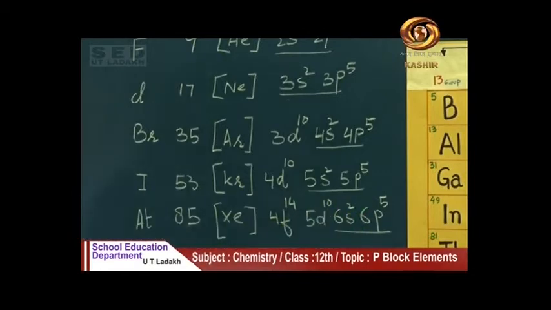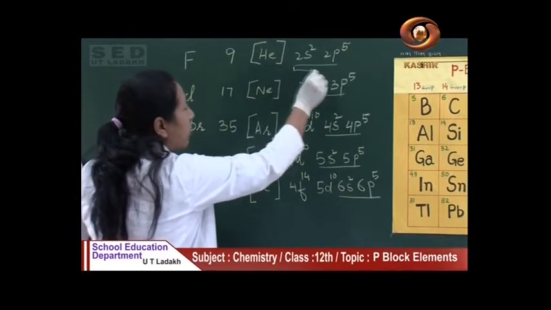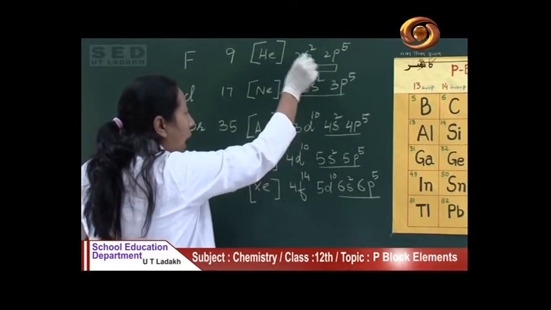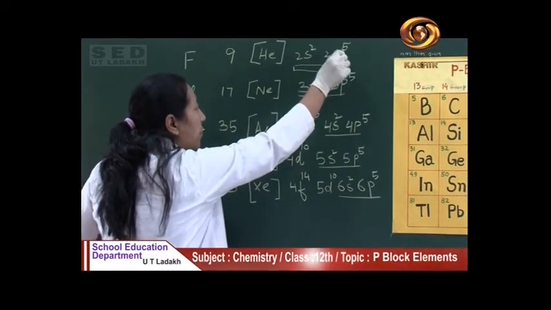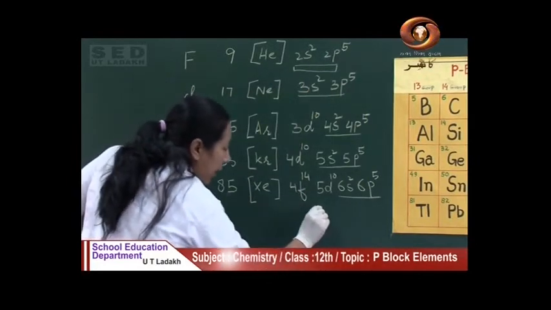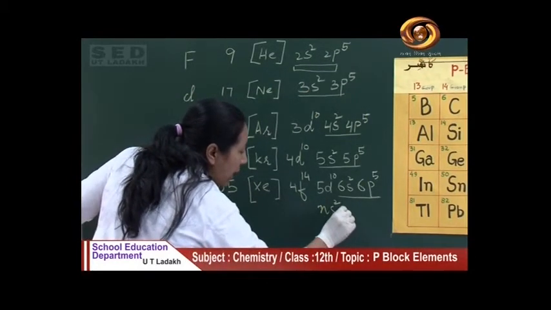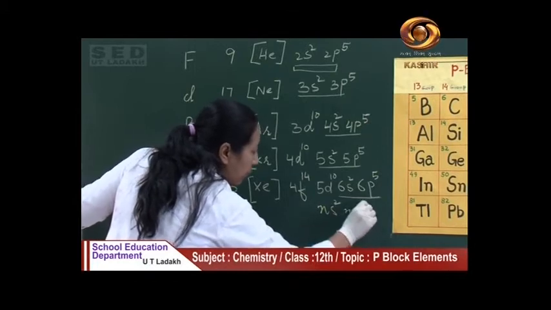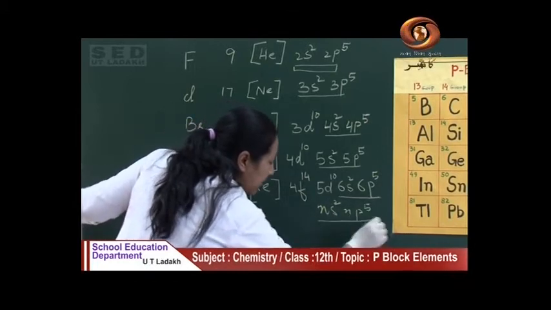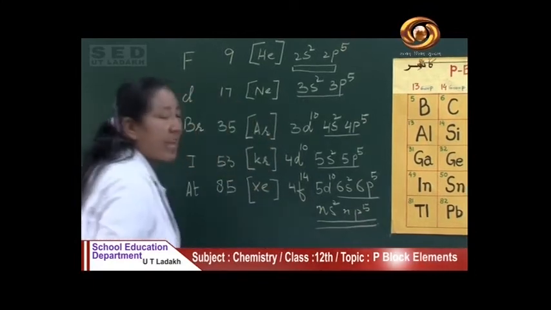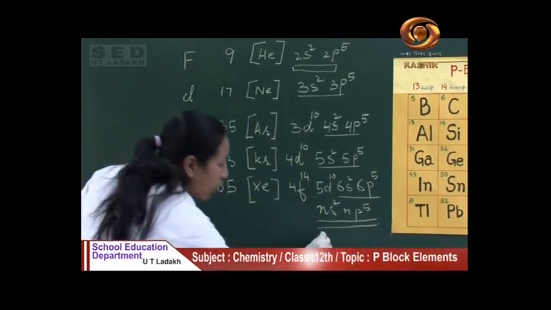Its outermost electronic configuration is ns2 np5, which means it has 7 electrons in its outermost shell.